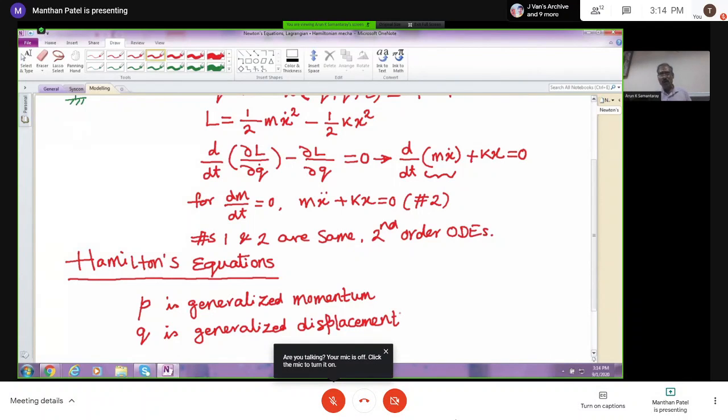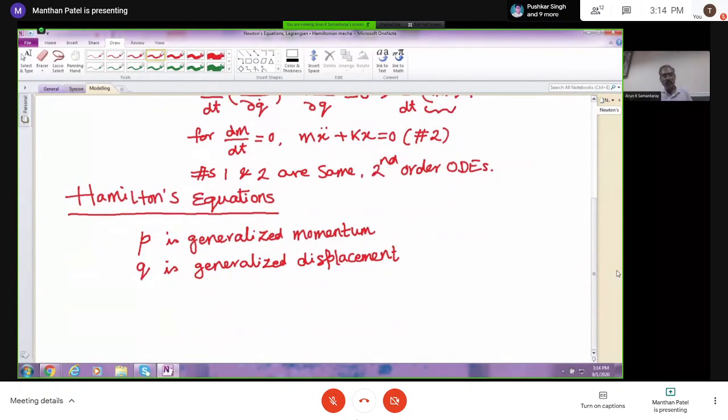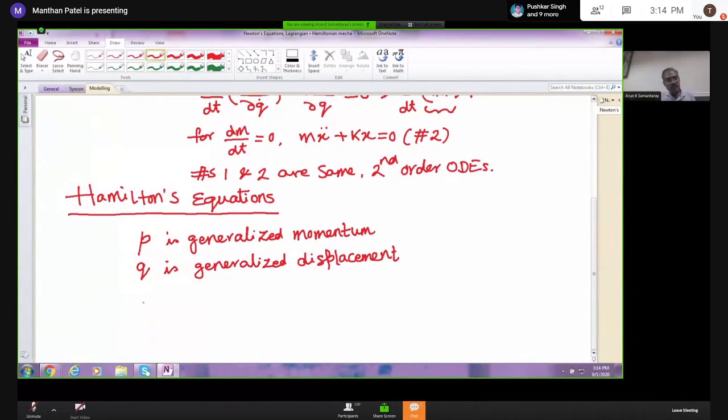So we have generalized momentum and generalized displacement. Interestingly, we can show that P dot, or the derivative of P with respect to time, is effort. We know that the integral of F dt is momentum. That's the impulse-momentum equation. So the derivative of momentum is effort.